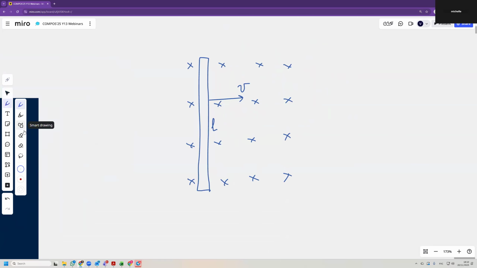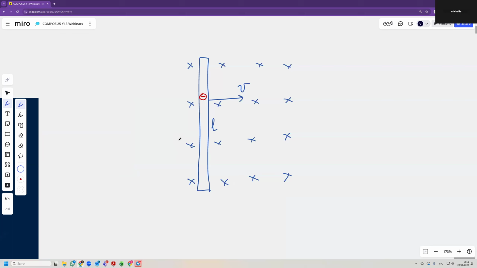So let's say we have a single electron inside the rod. Using the left-hand rule, we can find the direction of a force on an electron, because it's an electron moving through a field, therefore it experiences the Lorentz force, the magnetic force.